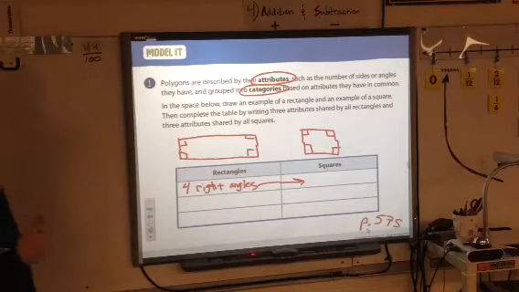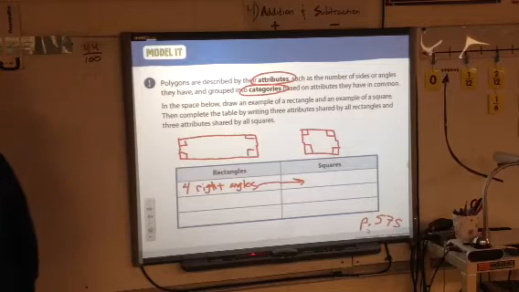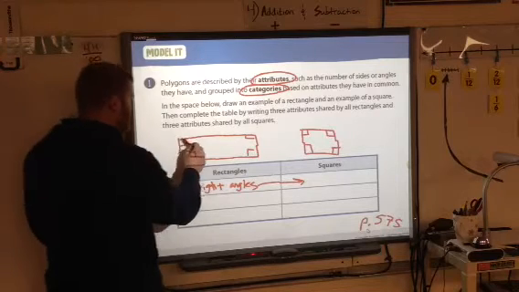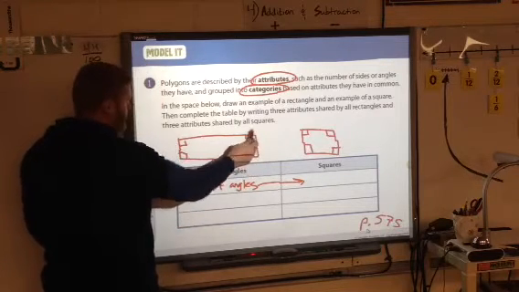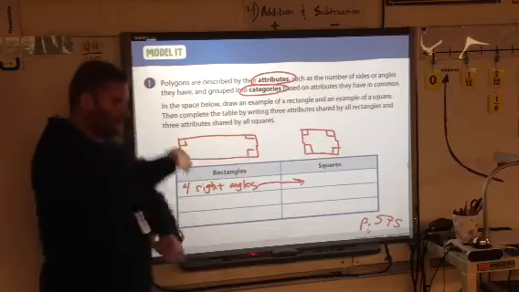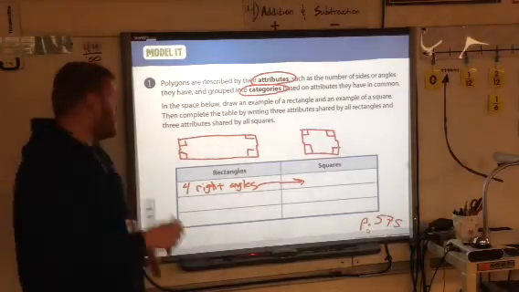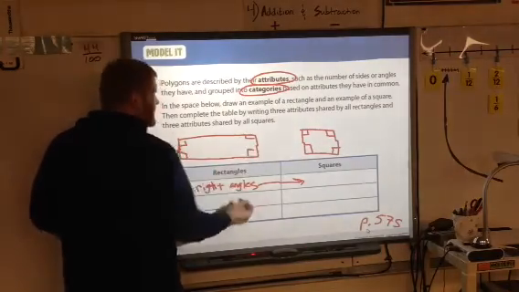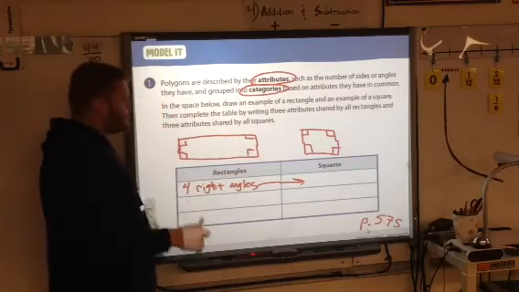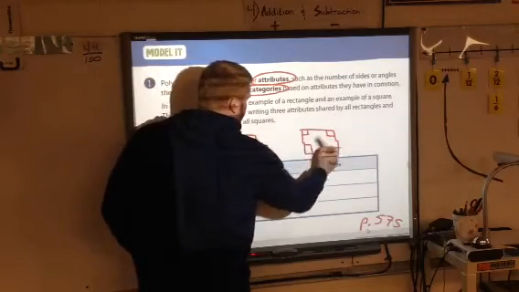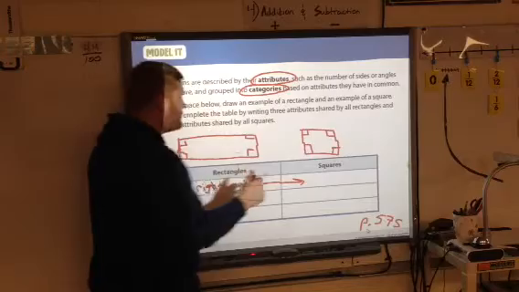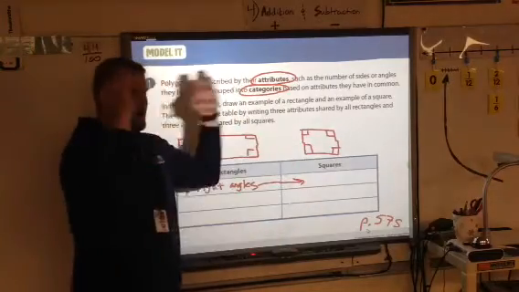Now, something else that they share is that they have 2 pairs of parallel sides. What that means is, look at my top line of my rectangle, and look at my bottom line. Those are both parallel. If I look at my sides, left side, right side, they are both parallel. Now if I do the same for the square, top and bottom are parallel, sides, left and right, are parallel.